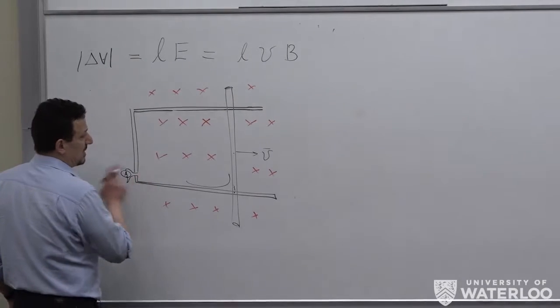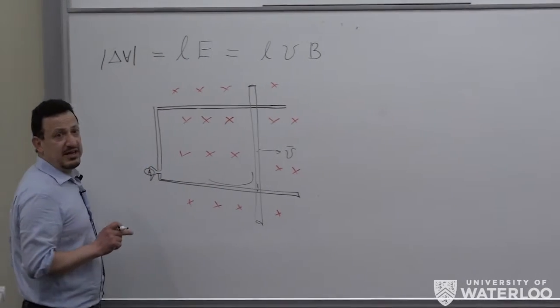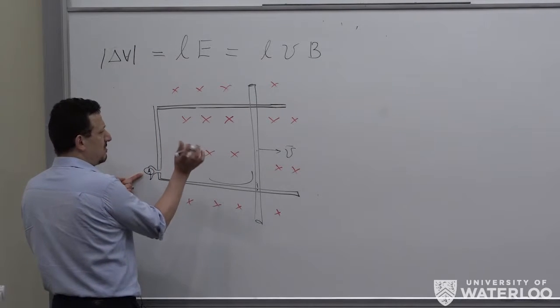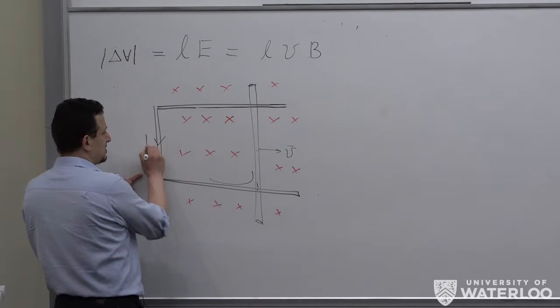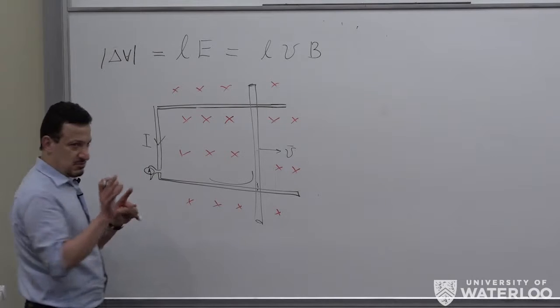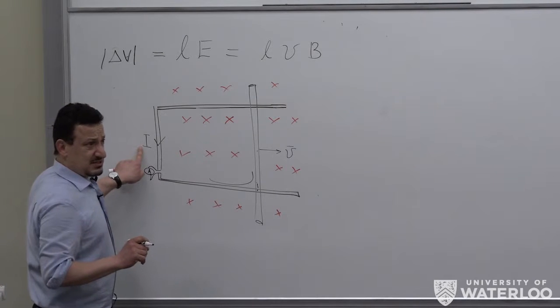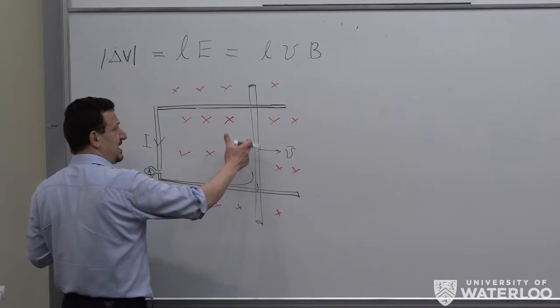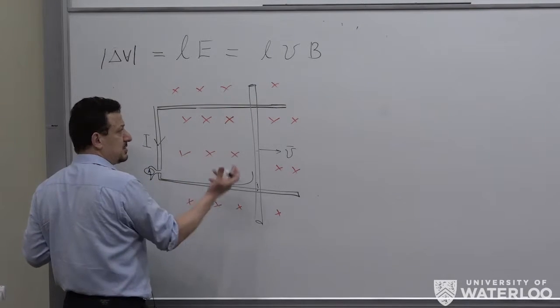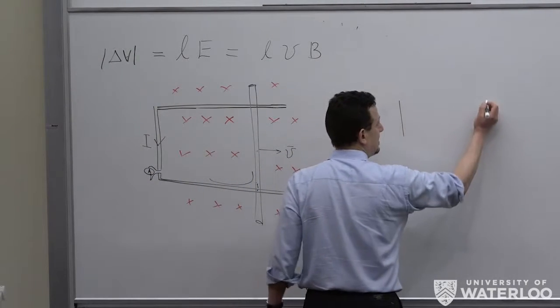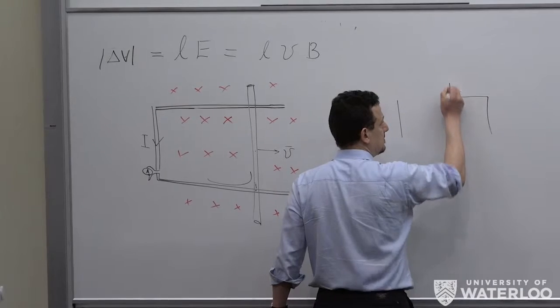All right. So now I have a current in this. Everybody agrees? For now, let's say the current is going in that direction. We'll understand the direction of the current later on. Now I have a circuit, I have a current in this loop, so I can represent this loop as a voltage source like this.